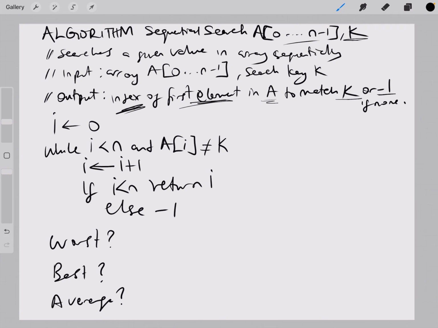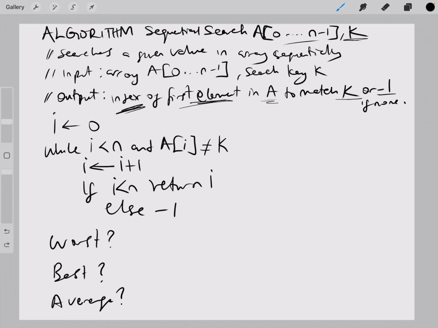And when do you use -1 for an array? We're trying to say that whatever it is, it is not found in the array. If 0 is the first index, then -1 is outside of the index range of the array. So how does the algorithm look like? It has i equals 0.